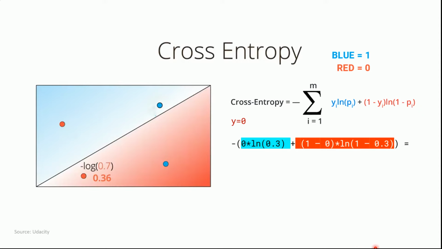So that gives us this thing, which is 0 plus 1 times the logarithm of 0.7. So this is for the red point, right? So what we have is exactly that. The minus of logarithm of 0.7, which is 0.36.